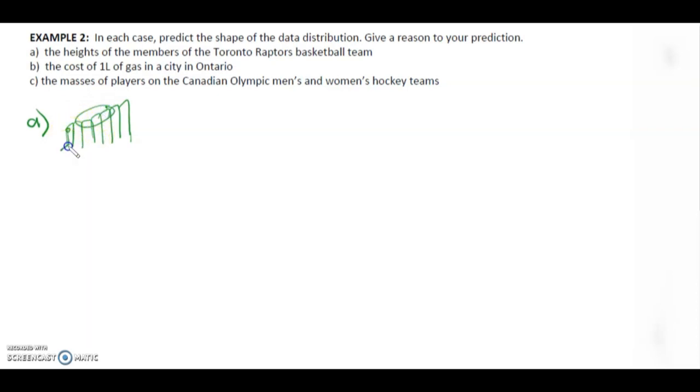Okay, pretend these are people, not frequency. Okay, most people are around the middle. So I think it's going to be normal, right? There's going to be a few shorter people. These are going to be point guards. Okay, there's going to be a few that are taller. These are going to be centers. But most of the people are going to cluster in the middle. Okay, so I would say normal distribution.